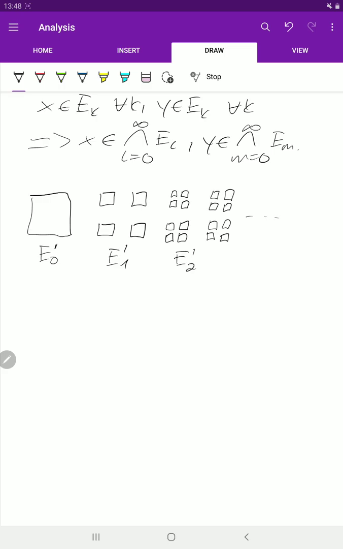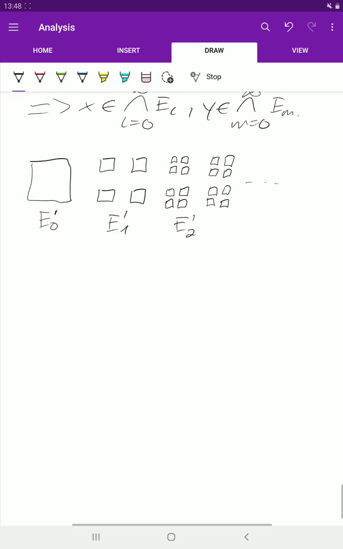Okay, so let's see. Now we just will prove an upper bound, and we'll prove the lower bound probably in another video.